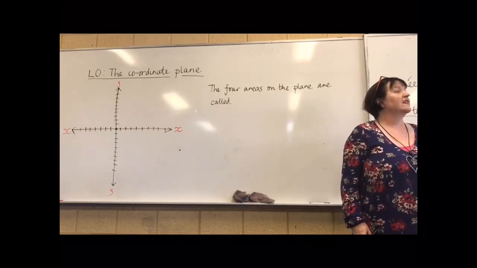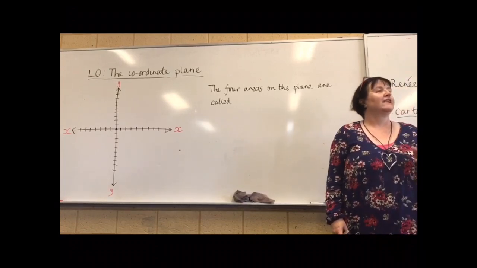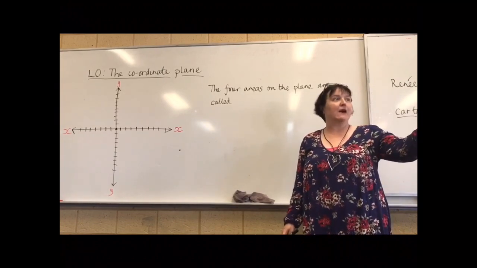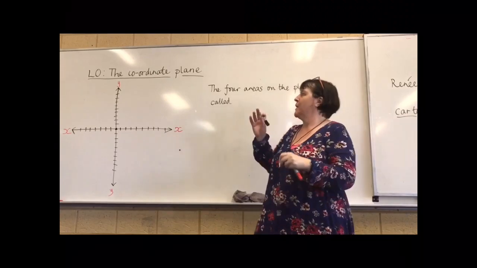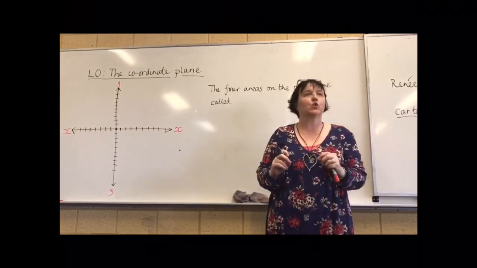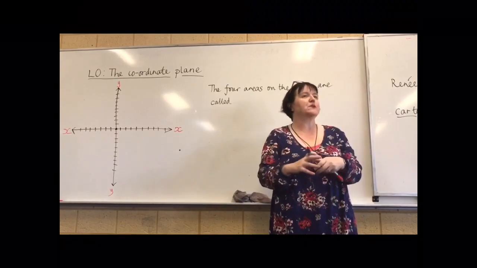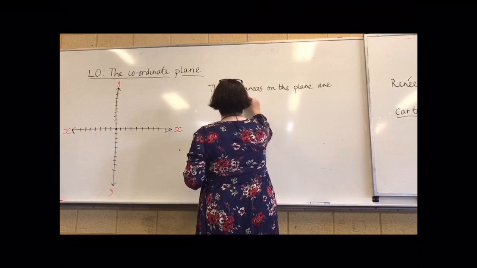Would it be, sorry, the one on the top left, negative XY? Well, we'll come to that in a minute, I'll come back to you, because you're absolutely right. But what are the areas actually called? That's perfect, but that's the next thing we're doing. Quadrants. Quadrants, well done.